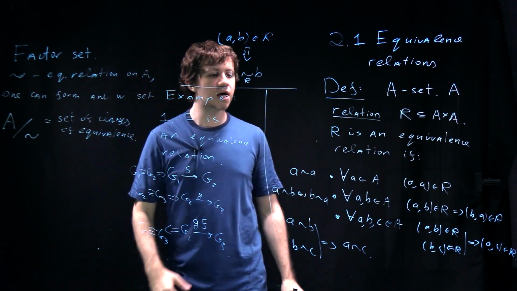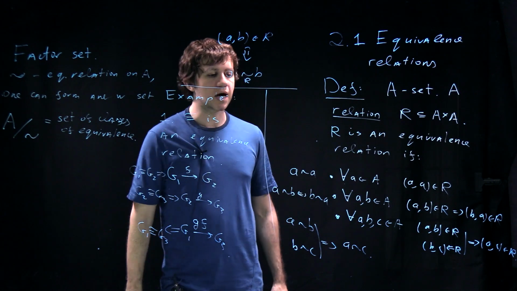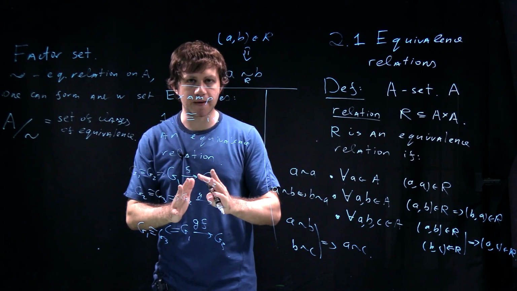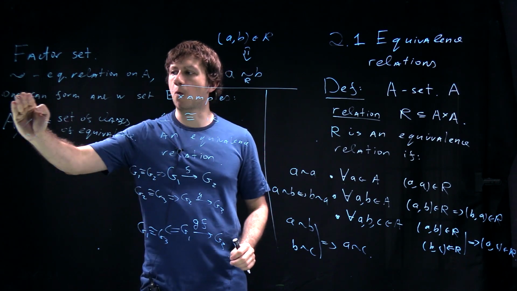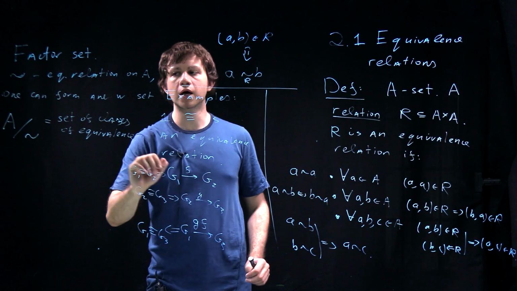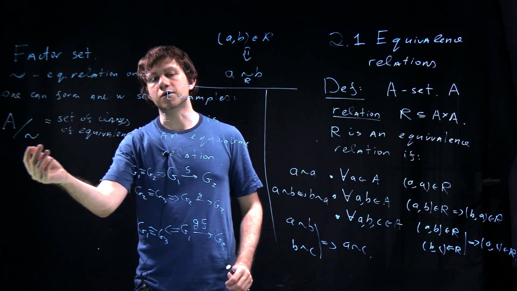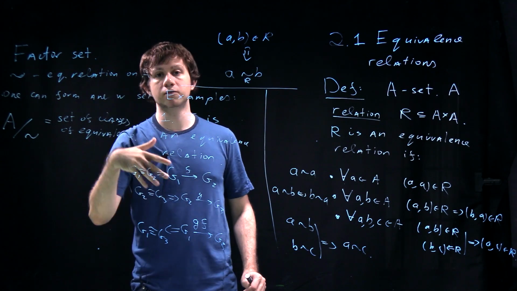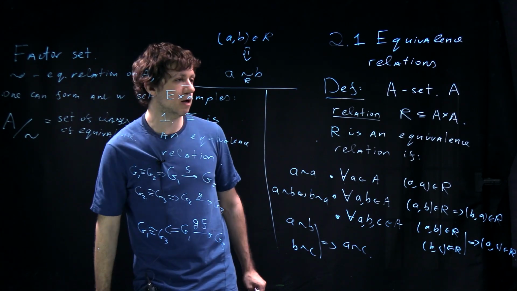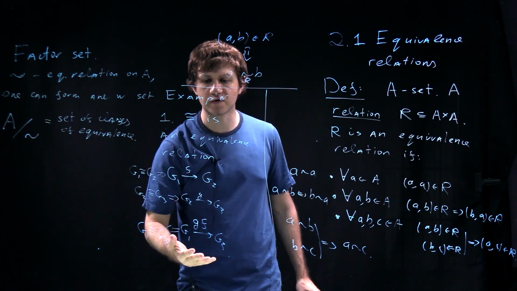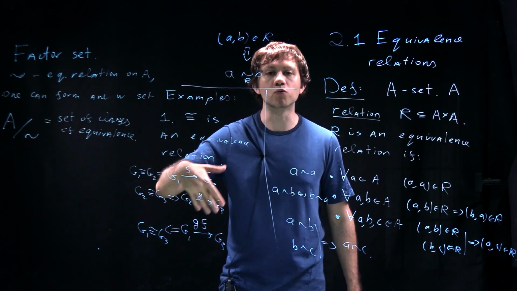A typical example is, for instance, we can call two people equivalent if they have the same name. And then if you take the set of all people and factor it over this equivalence relation, you will get a set of names, because every name corresponds to a class of equivalent people. Or you can take groups up to the equivalence relation being isomorphism, and you will get groups up to isomorphism.